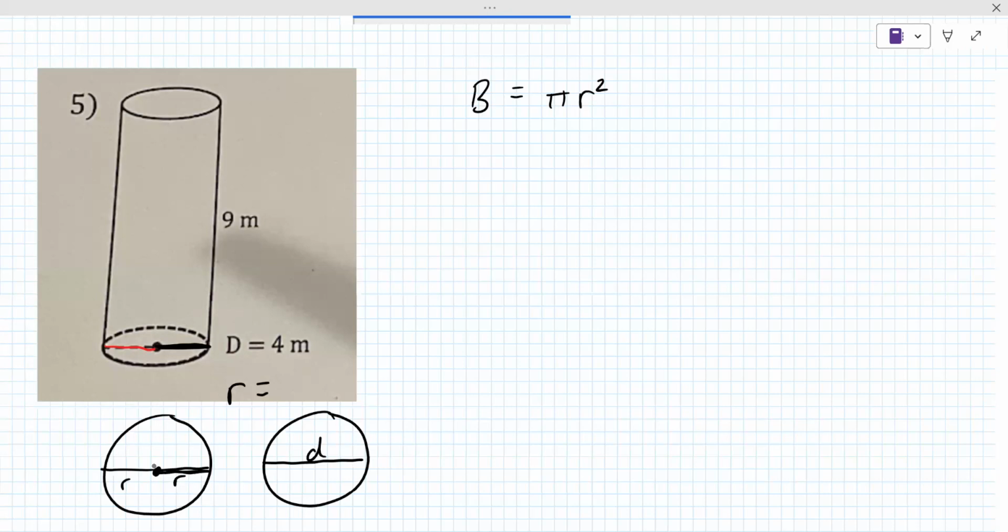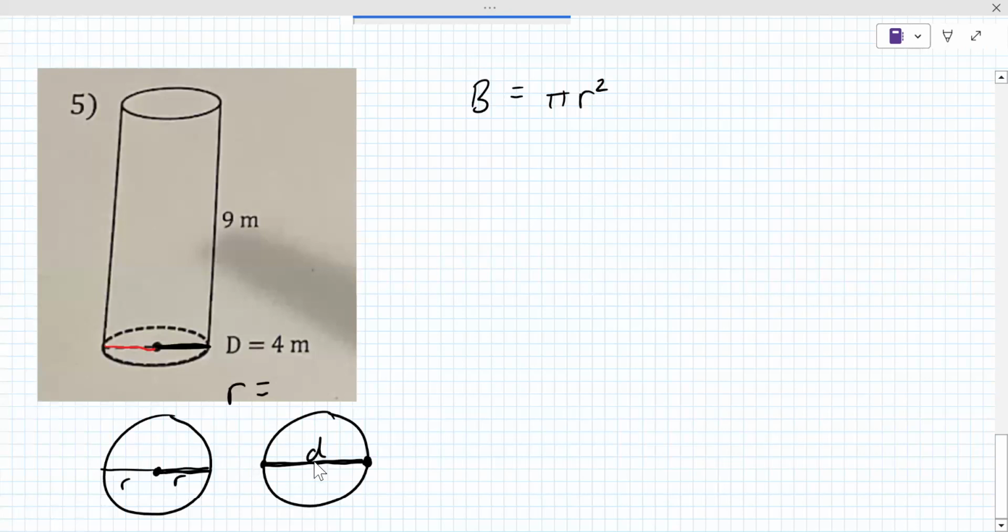Do you understand my question? Tell me what you see in the picture. What do you notice about the diameter? It starts on the circle and goes all the way to the other side of the circle. Does the radius start on the circle? And where does it end? At the center. So it's not the same as the diameter.